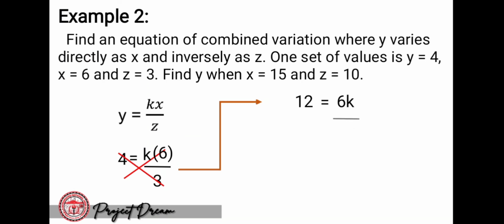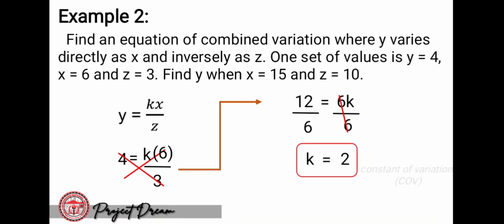Now, we will divide both sides by 6 para makuha natin ang value ni k. So, k is equal to 12 divided by 6. The answer is 2. Now, meron na tayong value ni k. Ngayon, iyon na yung constant of variation natin.